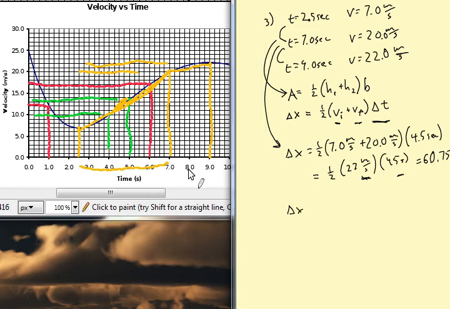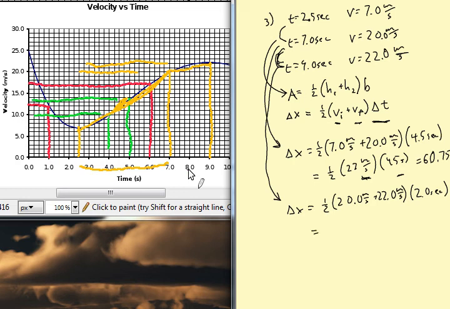now we're taking these two here and plugging them together, and we are going to do 1/2 times 20.0 meters per second plus 22.0 meters per second, and the time interval here is 2.0 seconds. And this is going to work out much more neatly because it's all even numbers.